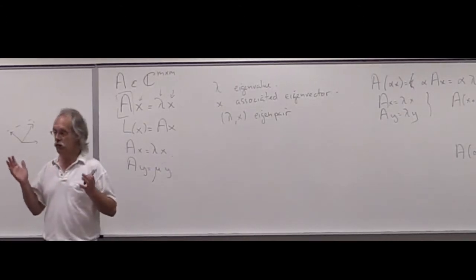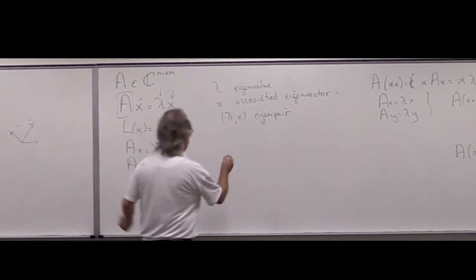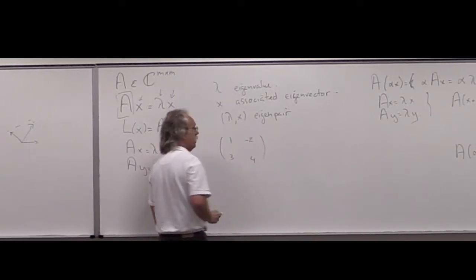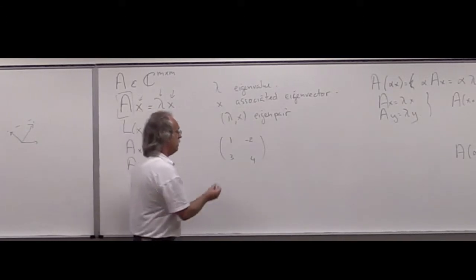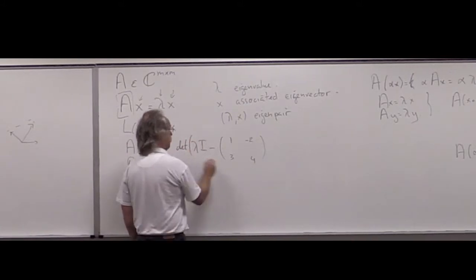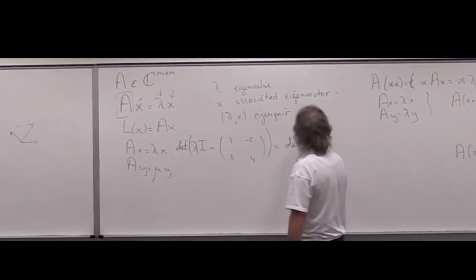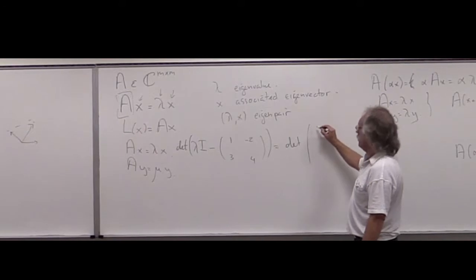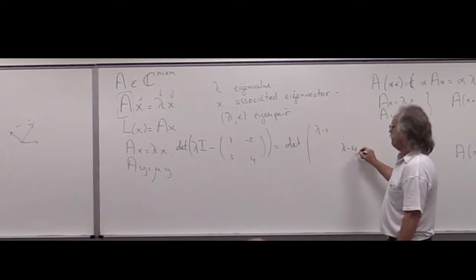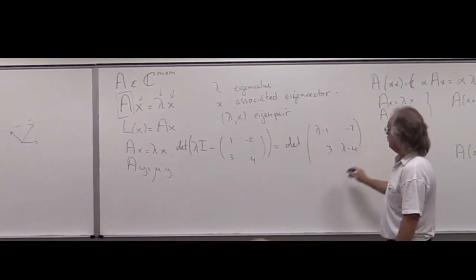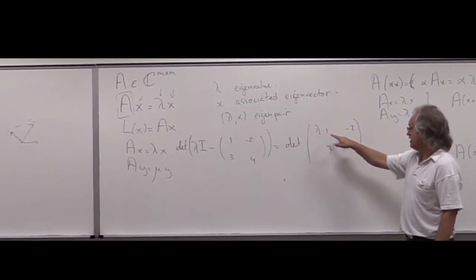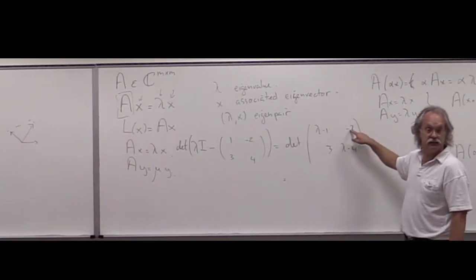You probably remember what that's all about. For example, let's go back to the problem I was trying to set up, making this up as I go along. If we look at the determinant of lambda minus 1, lambda minus 4, minus 2, 3, you may remember that that's this times that minus this times that.